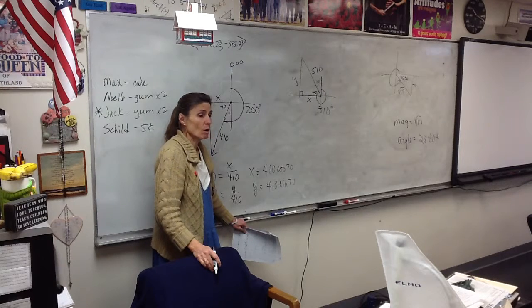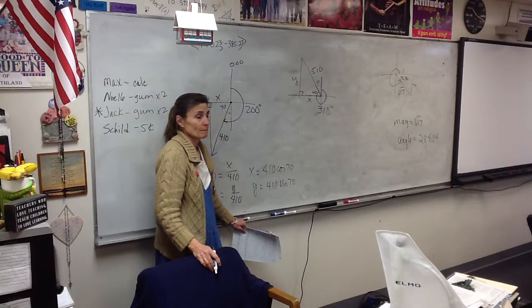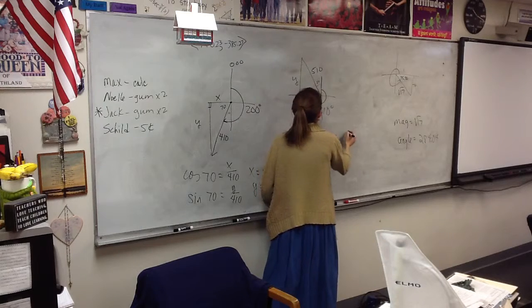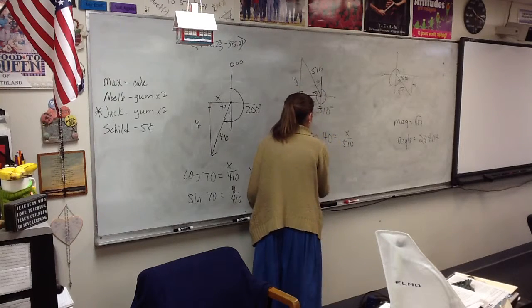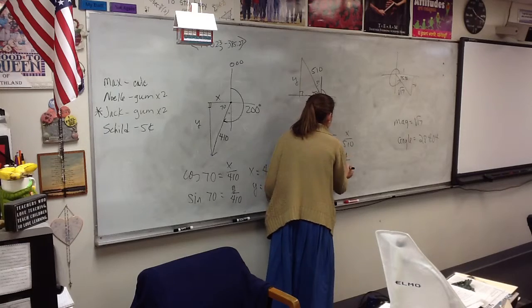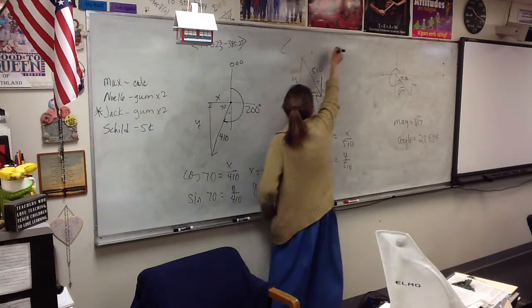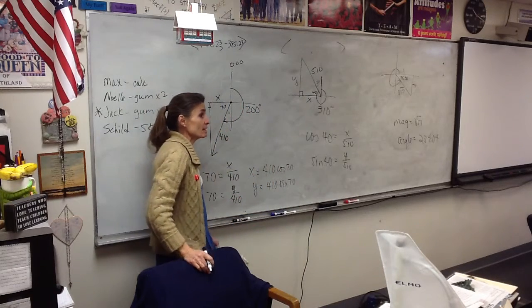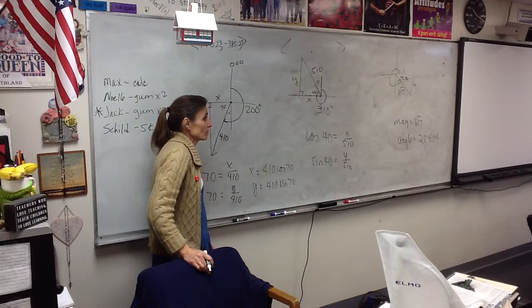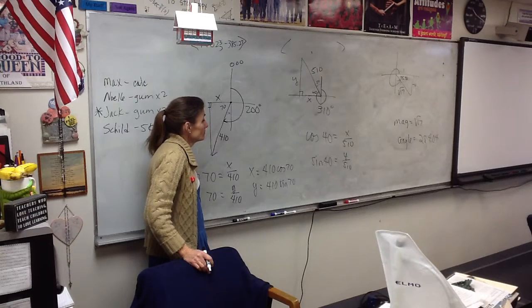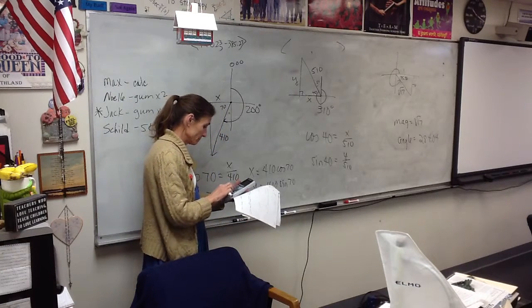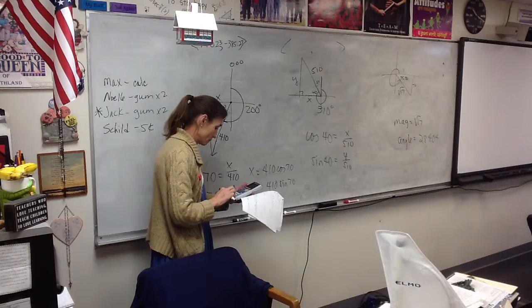Now how are we going to find x and y? Katie Roth, how are we going to find x and y? Cosine 40 equals x over 510. Sine 40 equals y over 510. Remember, we're looking for components. That means x and y. So what are we typing? 510 cosine 40.